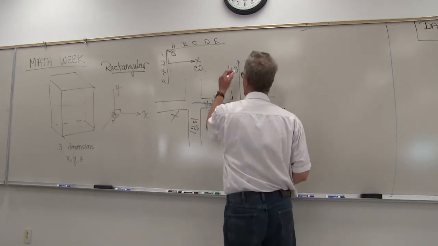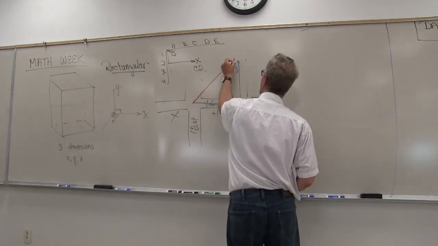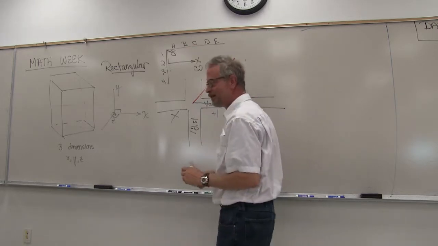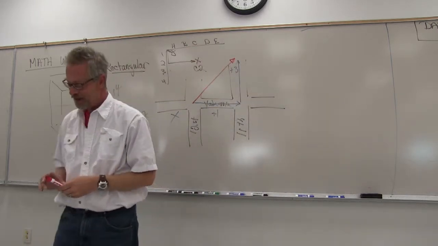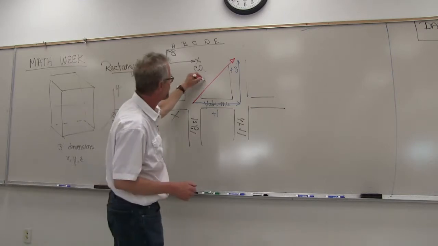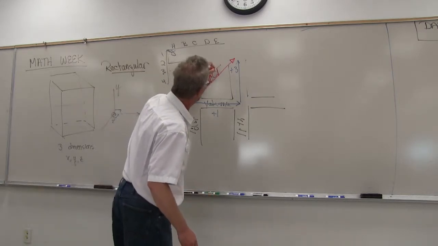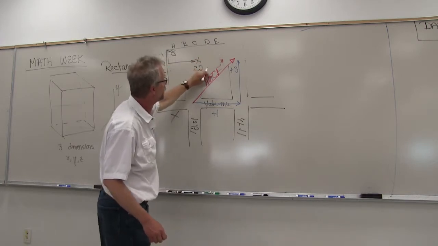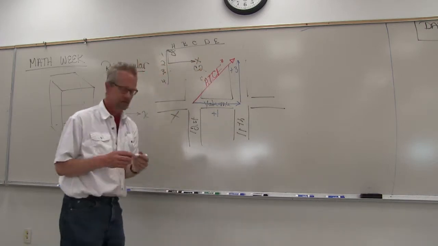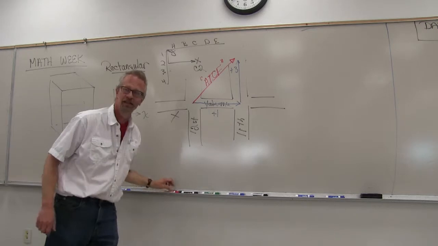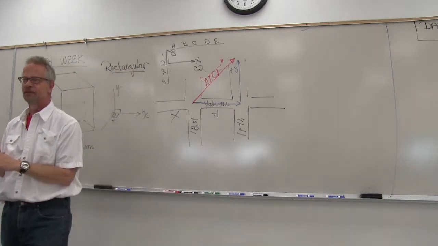When the crow goes to this point, it's going to fly in a straight line, and we're going to assume that the buildings don't matter. As the crow flies, ATCF, as the crow flies, is a direct path.